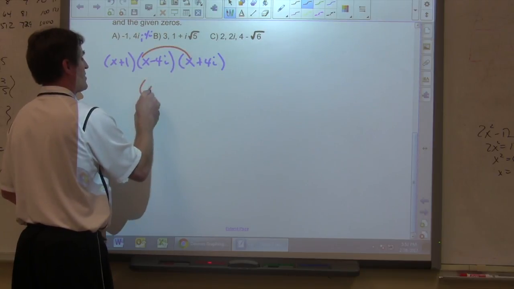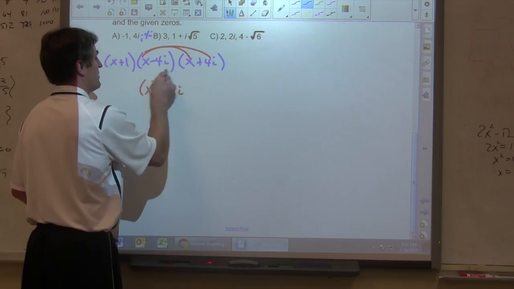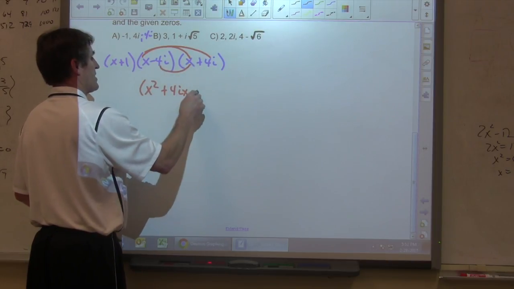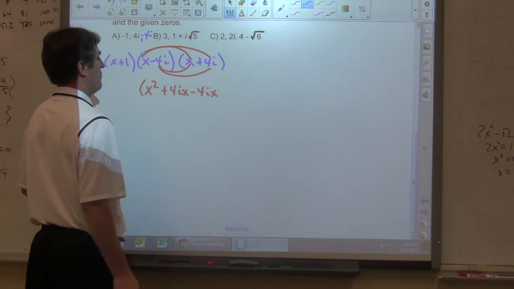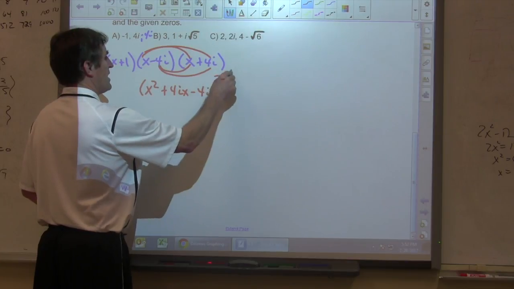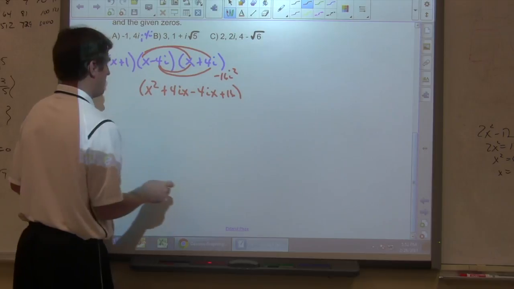X times x is x squared plus 4ix. And then negative 4i times x is negative 4ix. And negative 4i times 4i would be a negative 16i squared. But remember, i squared is negative 1, so you should have gotten plus 16.